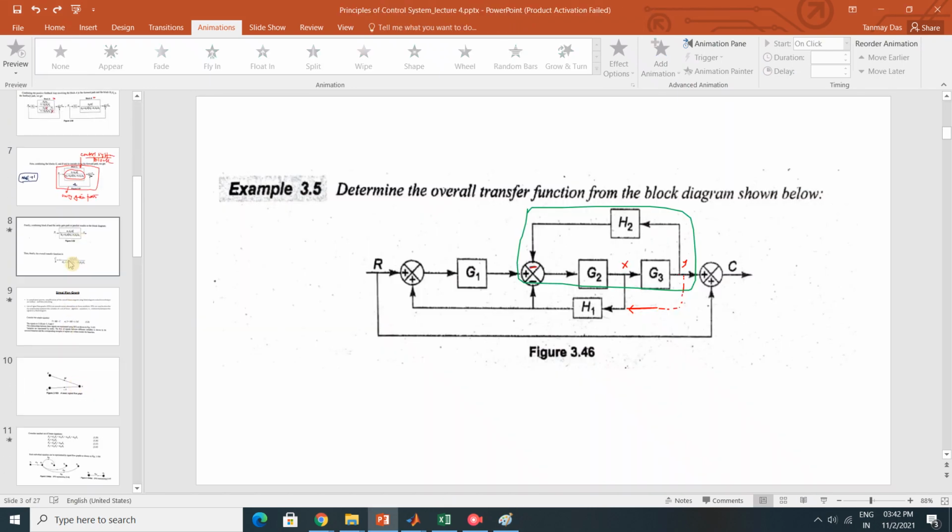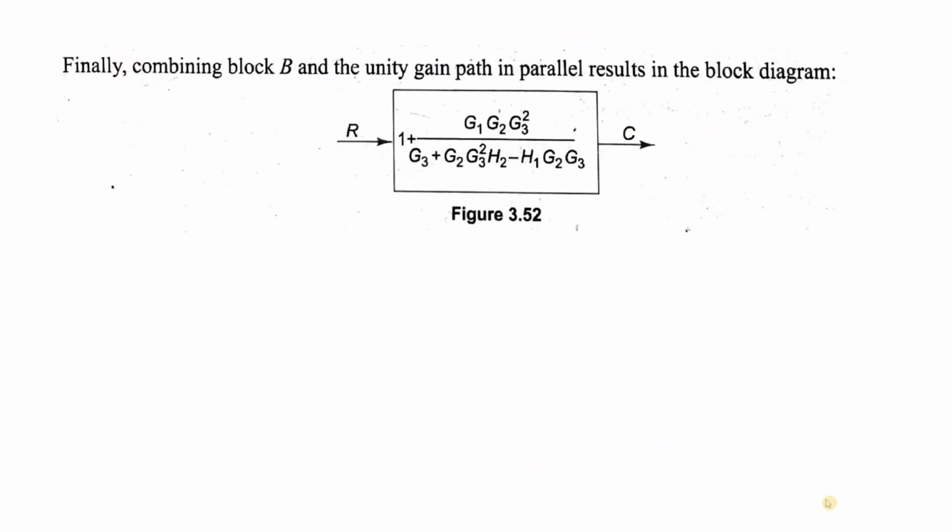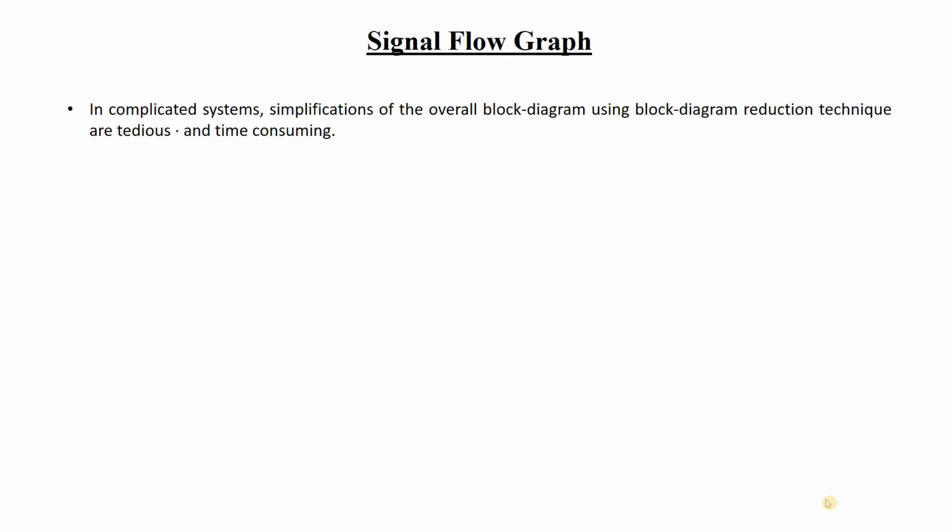That is why there is another method where you can find the overall transfer function, but not by block reduction technique, by another technique which is called the signal flow graph. This is regarding the determination of overall transfer function by signal flow graph, where the block reduction technique becomes complicated with a lot of blocks.